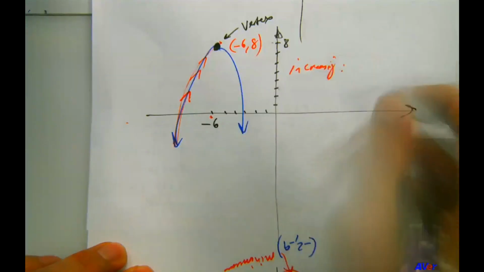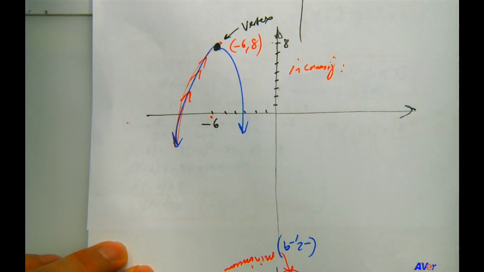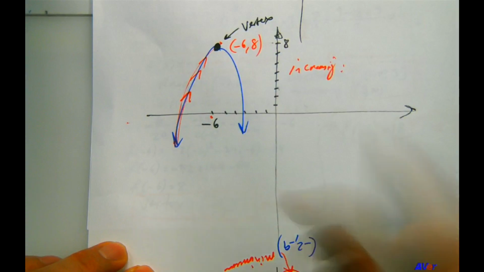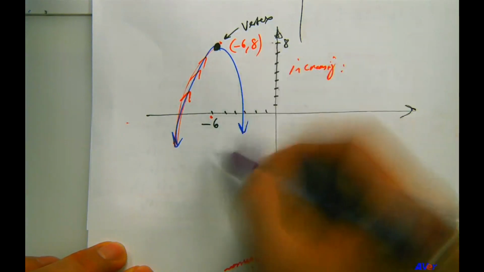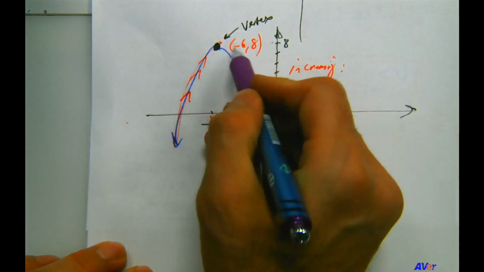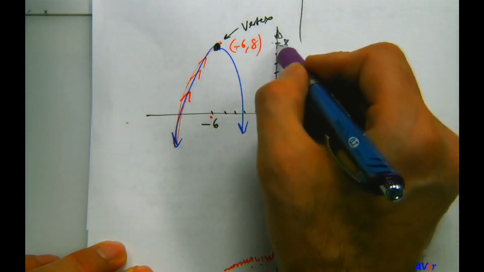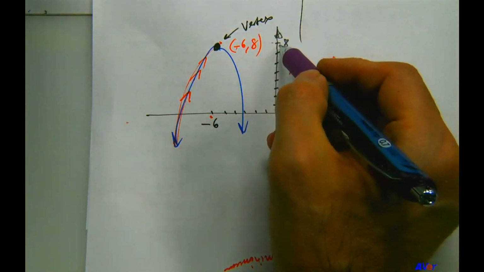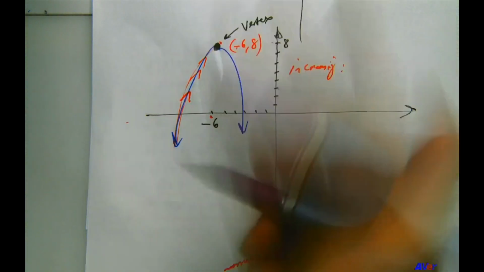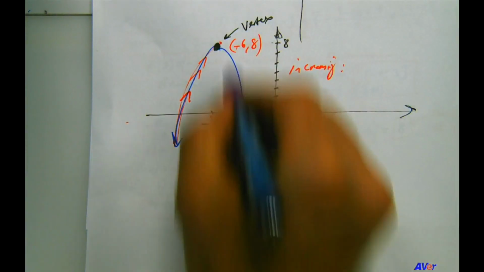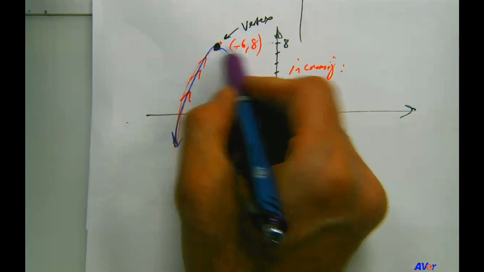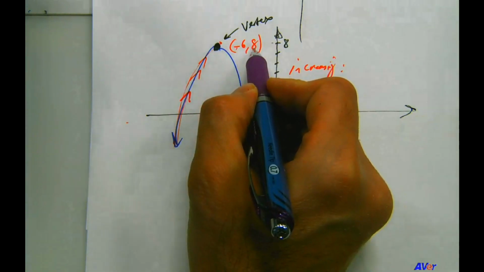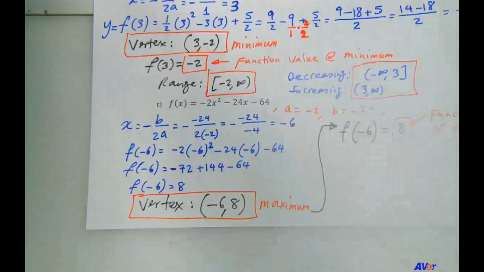Well, let's do that first, since that's the order in which we calculated the information. So the range for this is, because that's the maximum with respect to the y-axis, right? Whenever you give the range, the values are with respect to the y-axis. So with respect to the y-axis, we're coming up from negative infinity all the way to a maximum of 8. So here is the range.